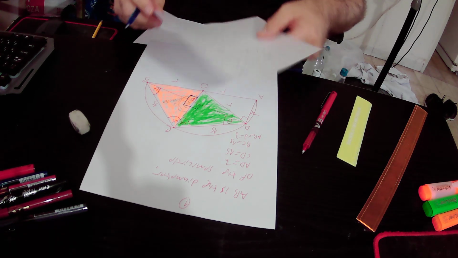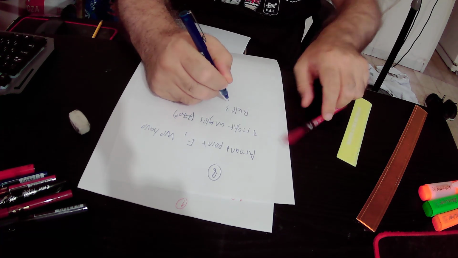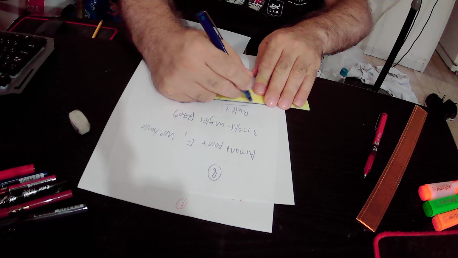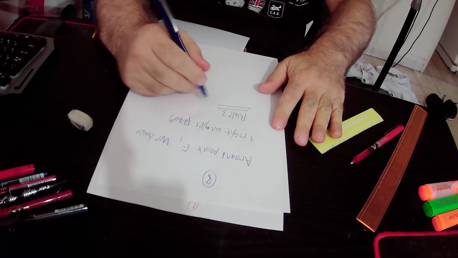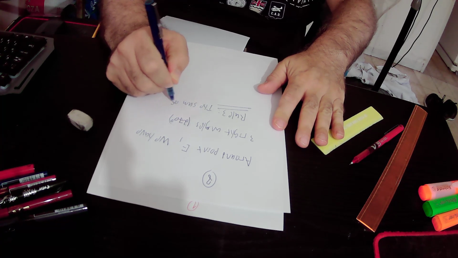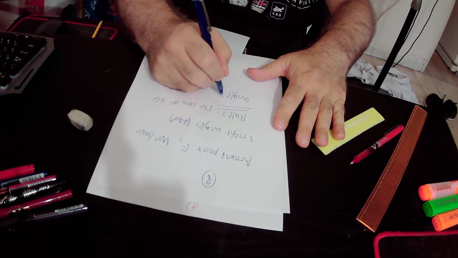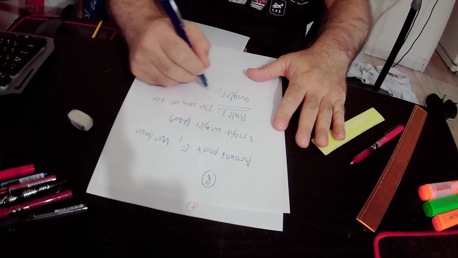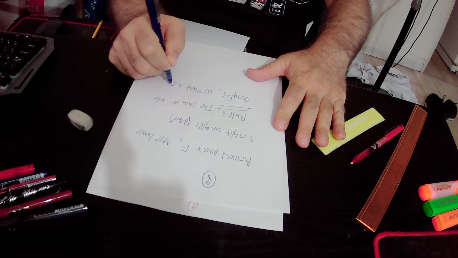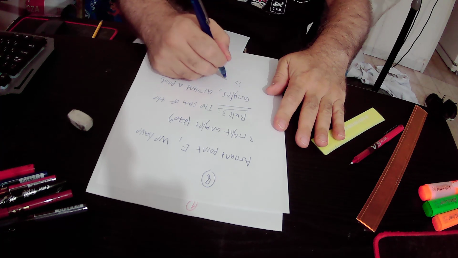number 3 that states that the sum of the angles around a point is equal to 360 degrees.